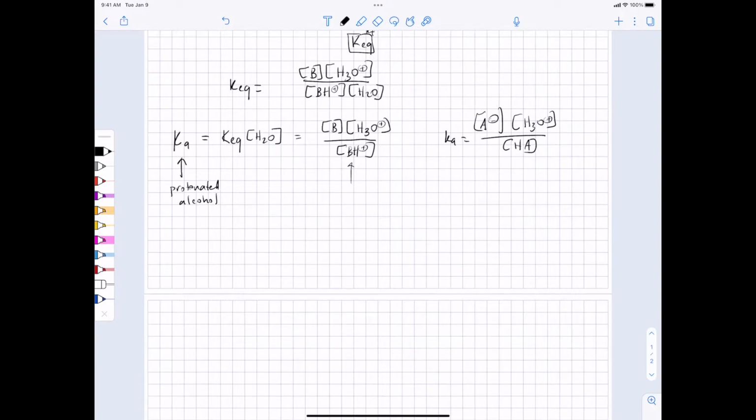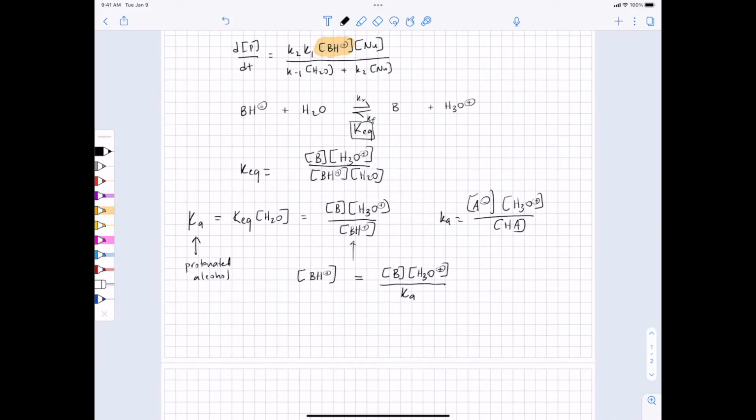That's something that we can know and measure and look up from a table. So what that tells us is that we can substitute for the protonated alcohol concentration: the concentration of alcohol times the concentration of hydronium divided by Ka.